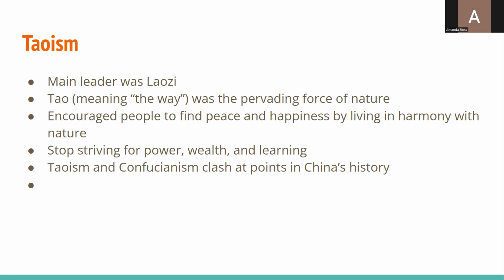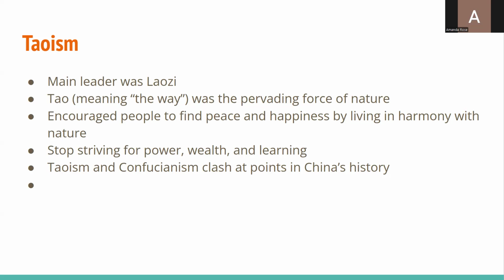He encouraged men to find peace and happiness by living in harmony with nature. According to Taoists, men can achieve this harmony by ceasing to strive for power, wealth, and learning. Instead, they should learn to live with the flow of the natural order. By living in harmony with nature, men can accomplish great things.